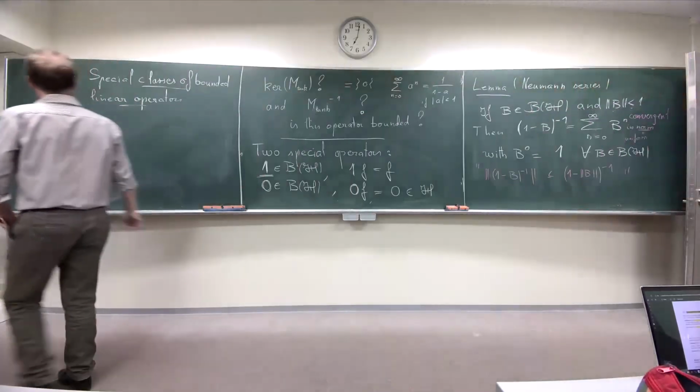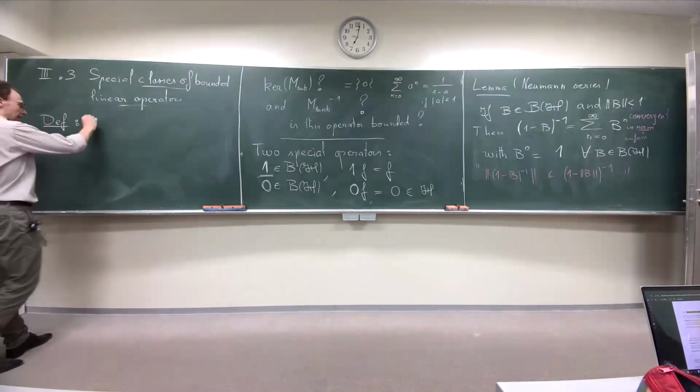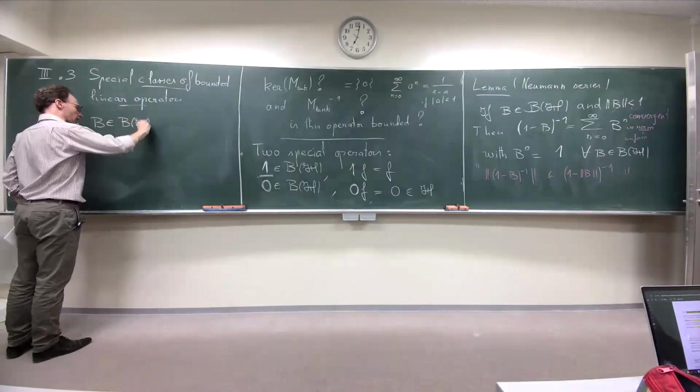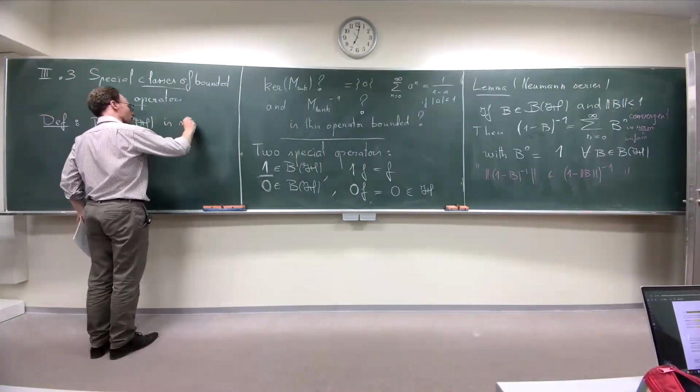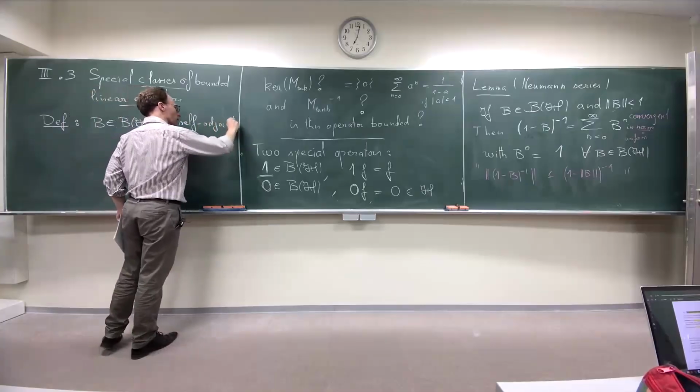And one you probably know for matrices is the notion of Hermitian. But this is the extension. So B in B of H is self-adjoint or Hermitian. We use both.